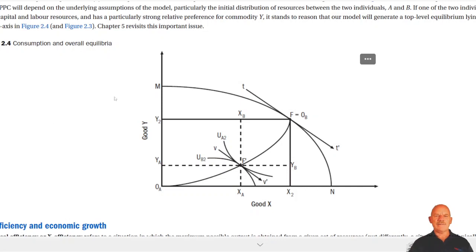There's our production possibility curve, and let's say at equilibrium the total amount of X that is produced is X2, and the total amount of Y that is produced is Y2. Then we can draw a little exchange box. This is like the first box that we had in figure 2.1, where one consumer starts at this origin and another consumer starts at that origin, and they have their indifference curves.